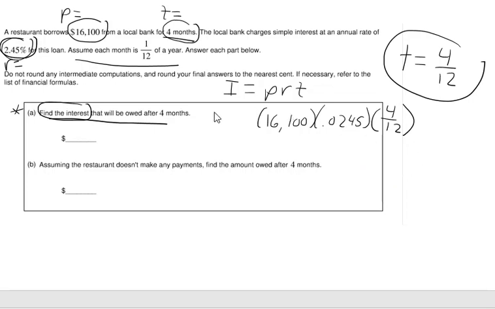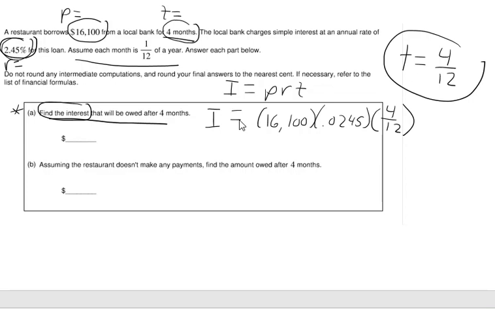Okay? Now, when you do this in your calculator, remember if your calculator does not do fractions, you're going to want to start by doing the 4 divided by 12. You want to change that fraction to a decimal. So 4 divided by 12 equals 0.33 repeating. Do not round at this point, okay?